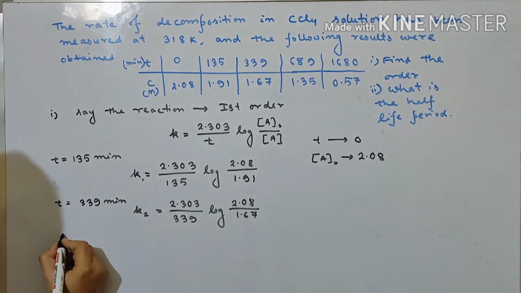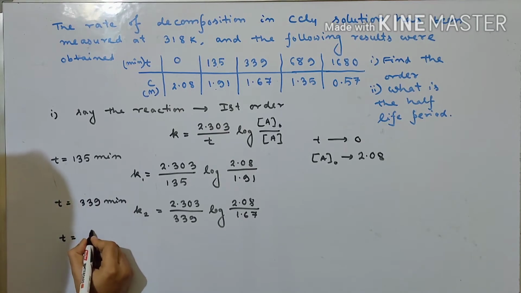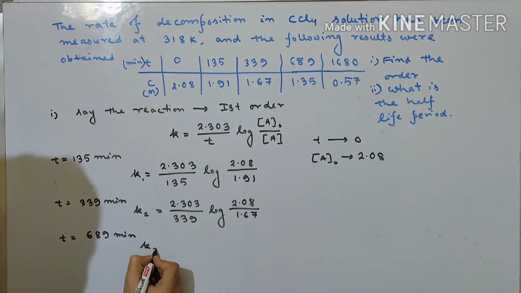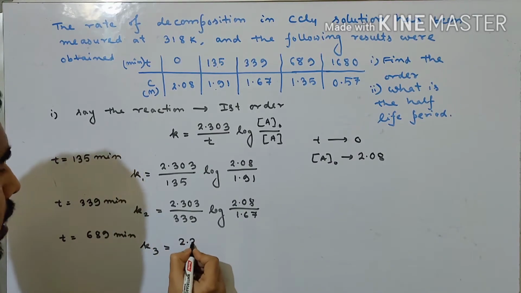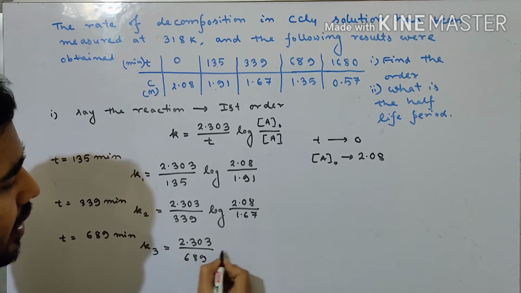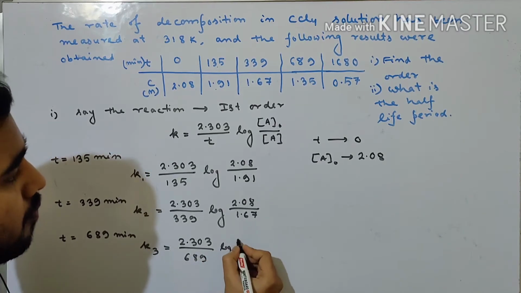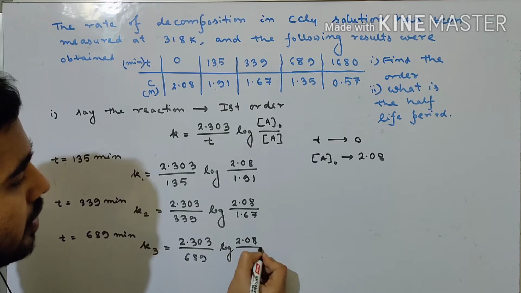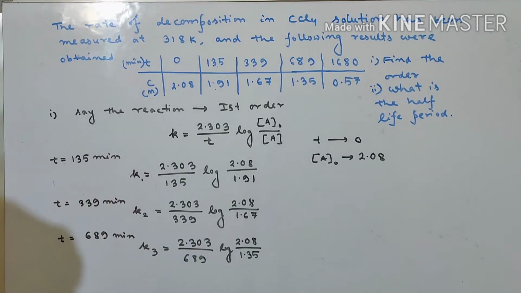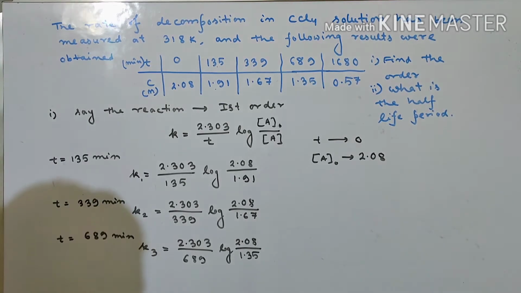Next is T equal to 689 minutes. Here it is K3, 2.303 by 689 log of 2.08 divided by 1.35. So now we have just put the values. Let us see the outcome of these values.